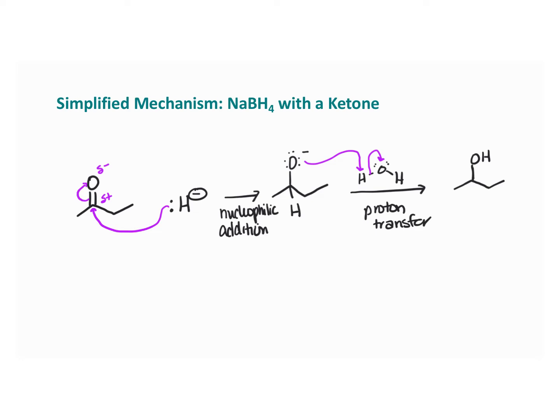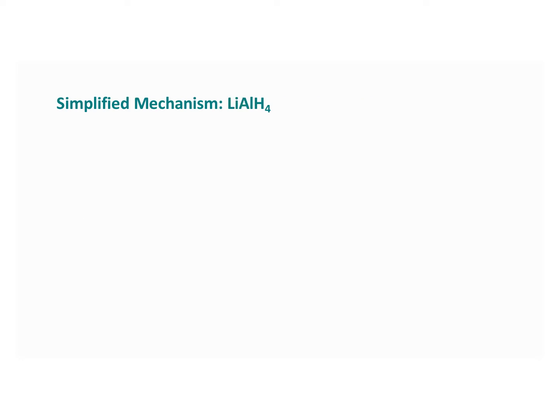I also want us to look at a simplified mechanism with an aldehyde as well as lithium aluminum hydride. So let's do that here. This is from one of the previous equations. So here's our ketone. Here is our hydride. It's going to come up here and attack that carbon because that's partially positive. Those electrons are going to go up on that oxygen.